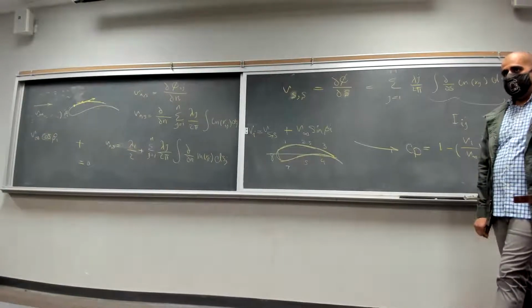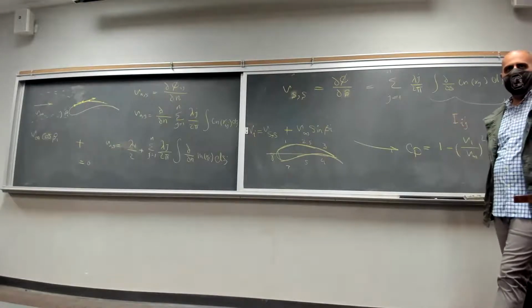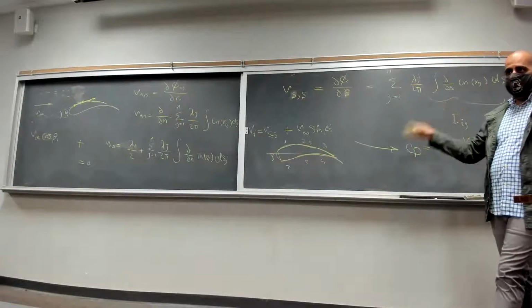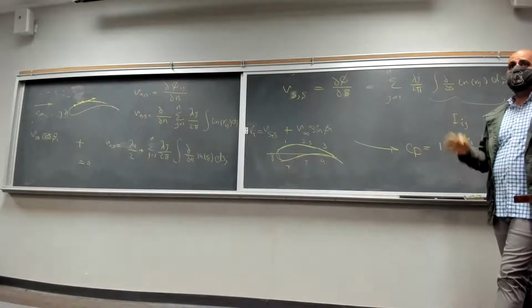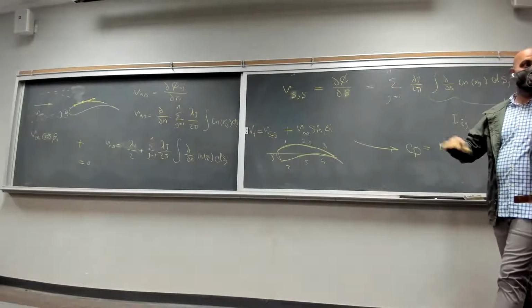Okay, let's solve an example to better understand this problem. Okay. One thing that John brought up was that this method, the source method, is used to analyze non-lifting flows. Okay. So essentially, flow over a cylinder, right?